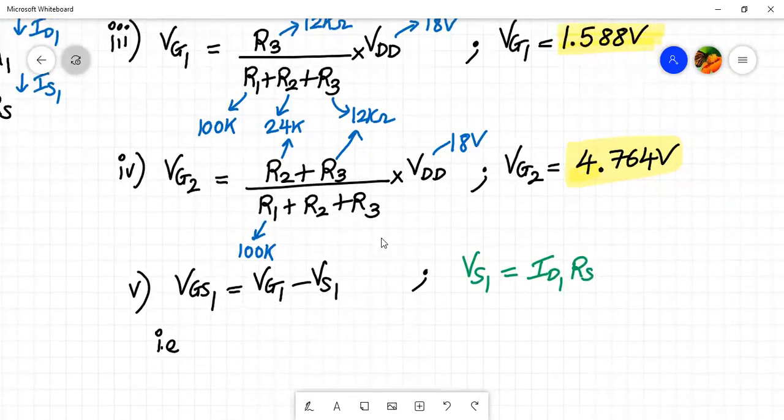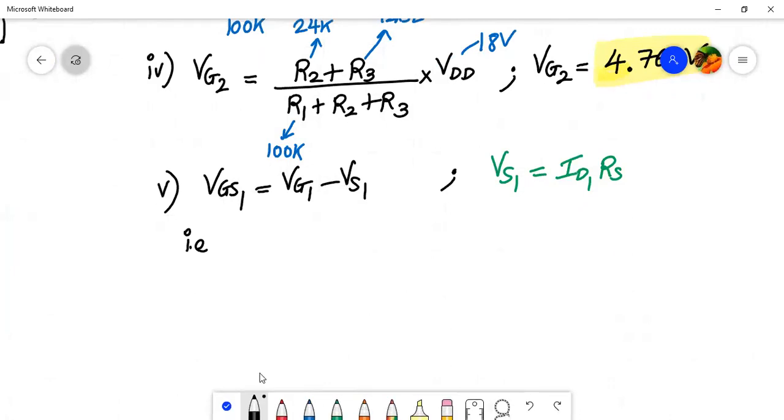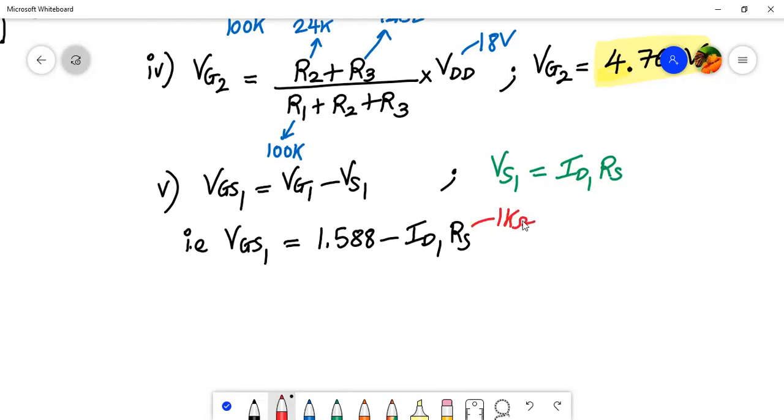So let me rewrite this expression again. VG1 is 1.588. So we can write over here VGS1 is equal to 1.588 minus ID1 into RS. And what's the value of RS? The RS value is around 1 kilo ohm, right?